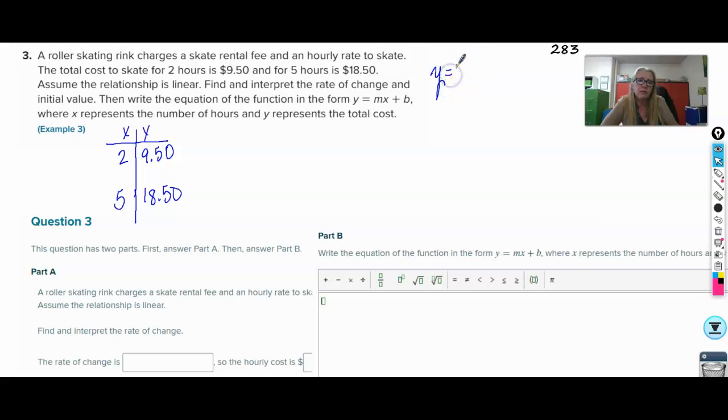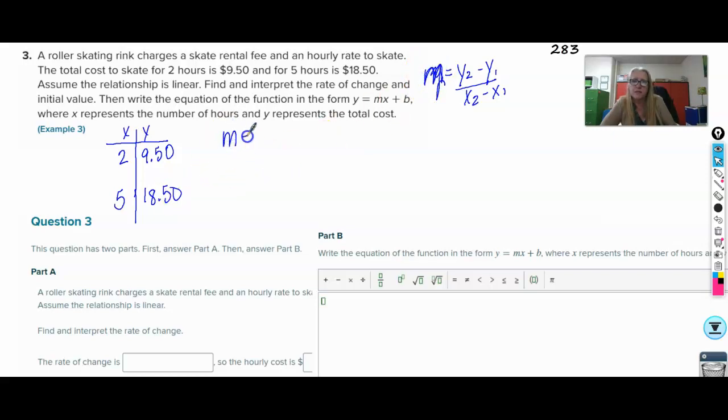Remember, the slope formula was second y minus the first y over second x minus the first x. Okay, well, this is first x, first y, second x, second y. So the slope, I put a y, I meant to put an m there, that's slope.